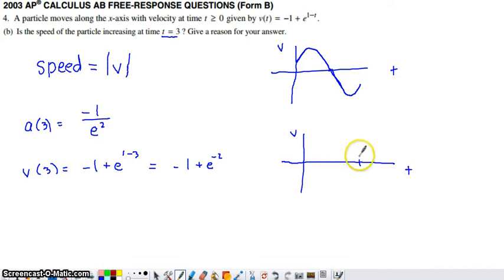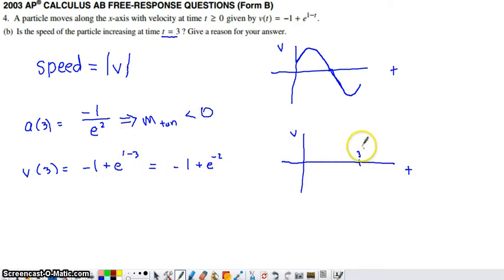So if this is where t is 3, based on the fact that acceleration is negative, we have a negative value divided by a positive value, we know that acceleration is the derivative of velocity, and hence the slope of the tangent line on this graph. We know the slope of the tangent line at 3 on this velocity graph has to be negative, has to be less than 0.